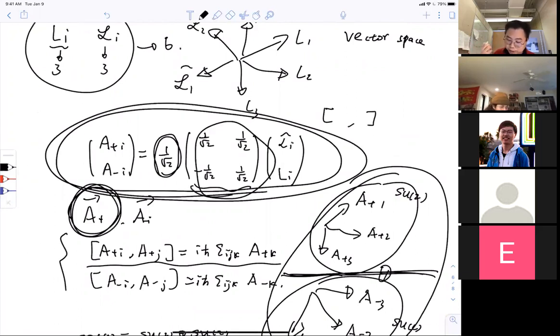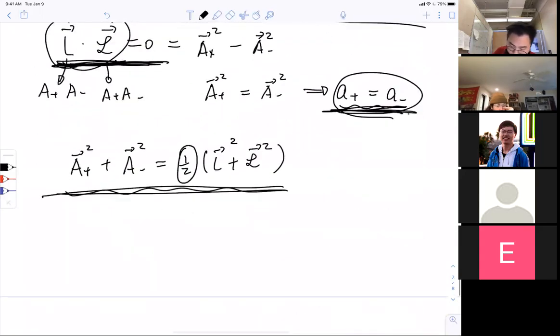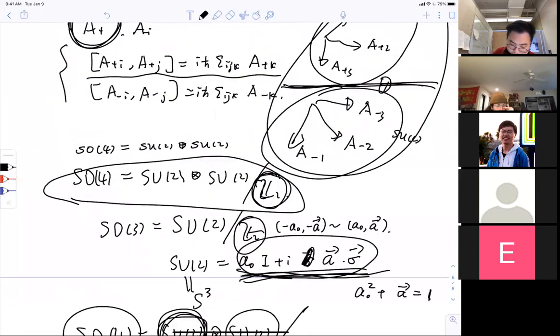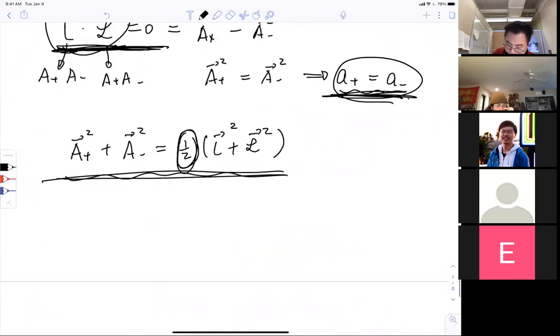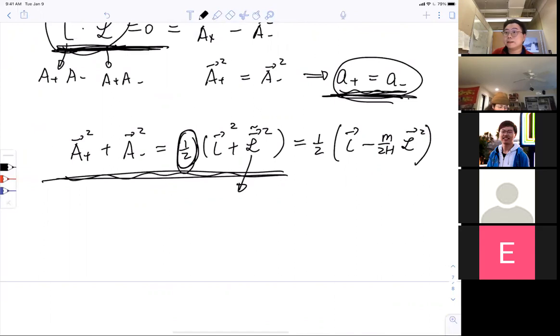This matrix will not change the magnitude, but there's a 1 over square root of 2 which will change the length. This is exactly what I said for this matrix. And then you work out what this guy is, and eventually you get something like this.